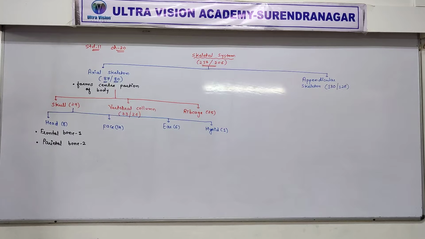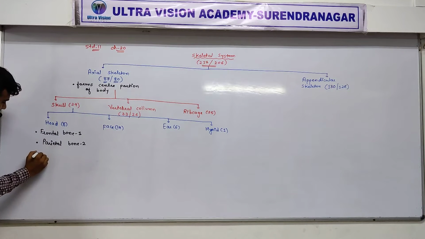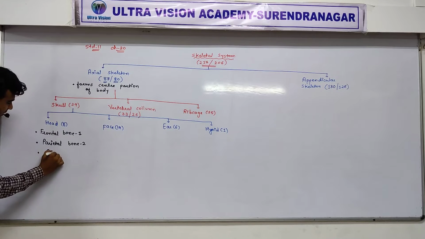Frontal bone is 1, which forms the anterior part of the head. Then here that bone is over. Now behind that 2 bones are there. So parietal bones are 2, and just behind the head, occipital bone there.